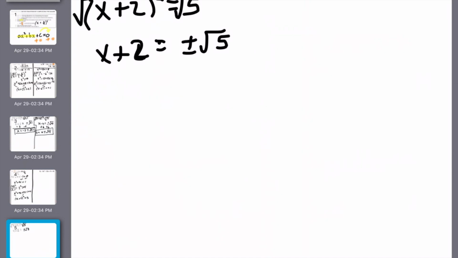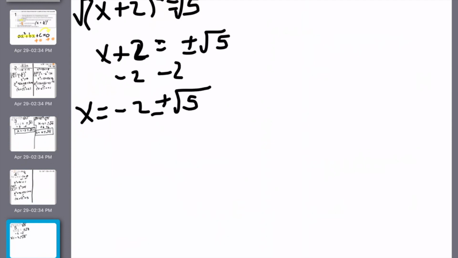Now in order to get x by itself, I have to subtract 2 on both sides, and I get x equals negative 2 plus or minus the square root of 5. So not too terribly different and not too terribly difficult. The biggest challenge in this problem was trying to make my leading term become a 1.